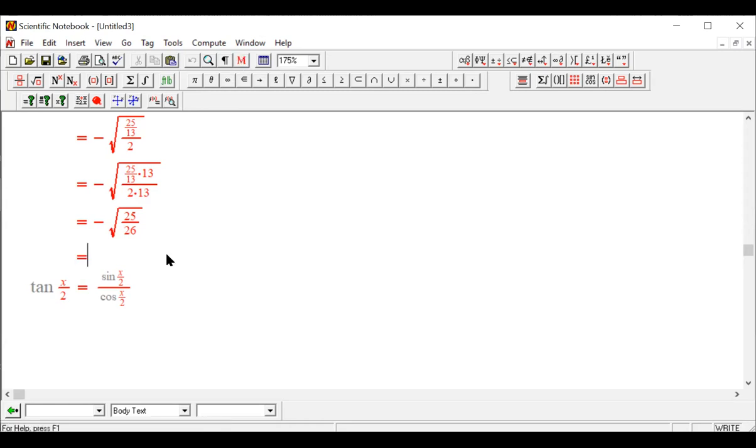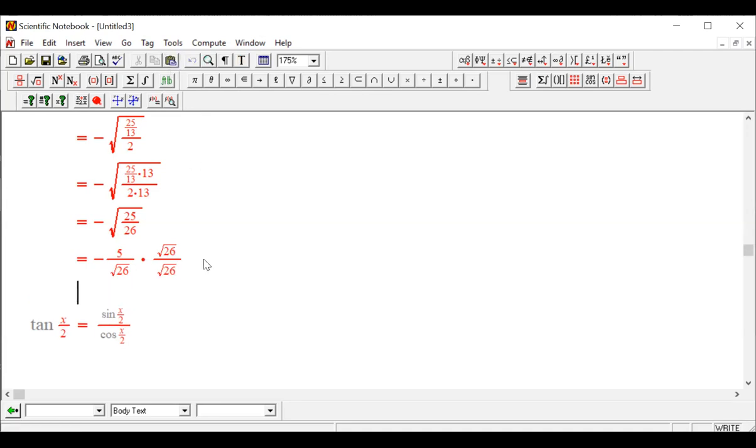And next, we have the negative sign still, right? The top is 5, the bottom is square root of 26. Rationalize it, right? We have root 26 over root 26.